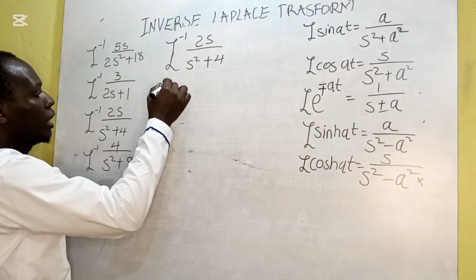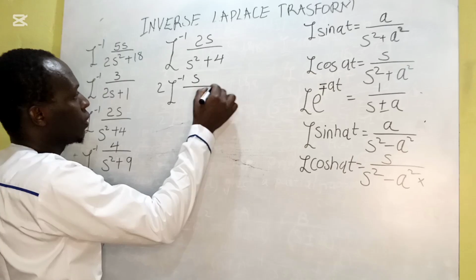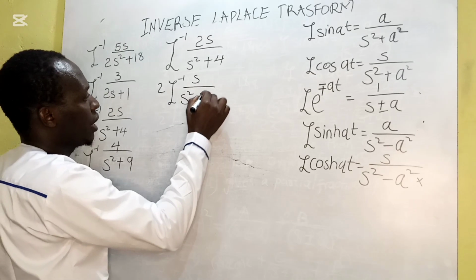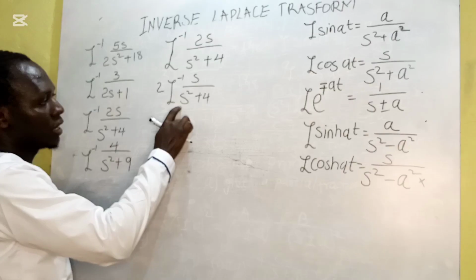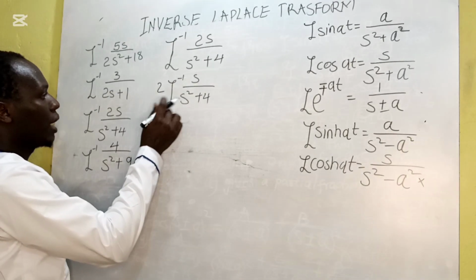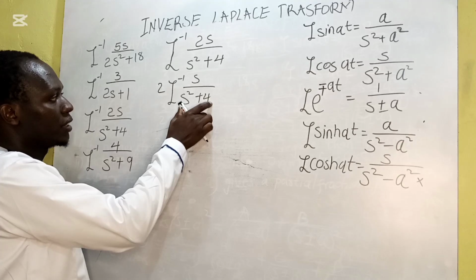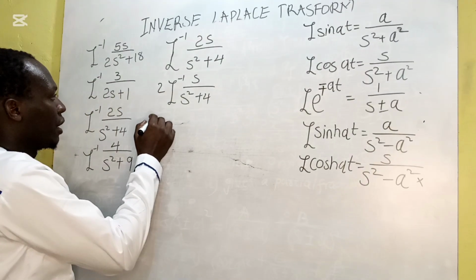We are going to factor out 2 to the inverse Laplace transform of s all over s squared we add to 4. Here now, there is no coefficient here. Everything is very easy, and now we can come and rewrite everything now by checking on our functions here.